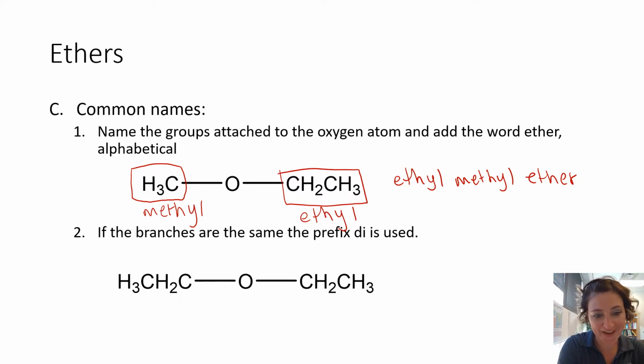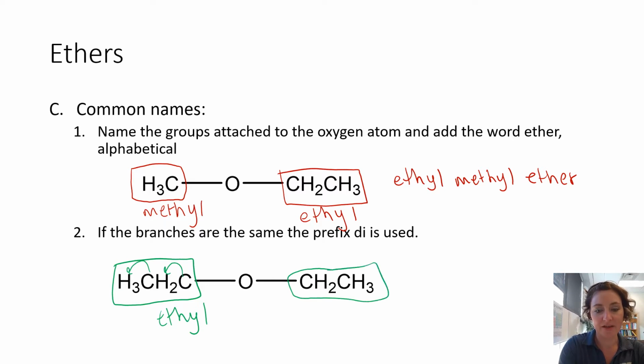Here we have a carbon chain, and the hydrogens are just falling behind those carbons. We have an ethyl group on one side, and we have another ethyl group on the other side of our oxygen. So we would call this diethyl ether.